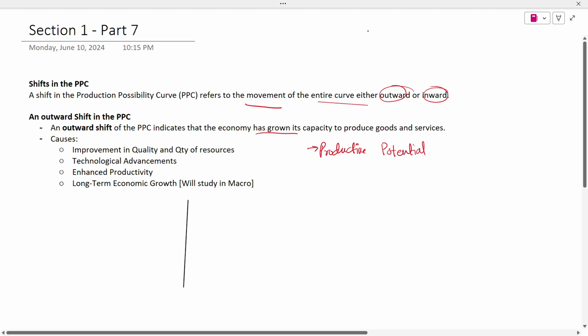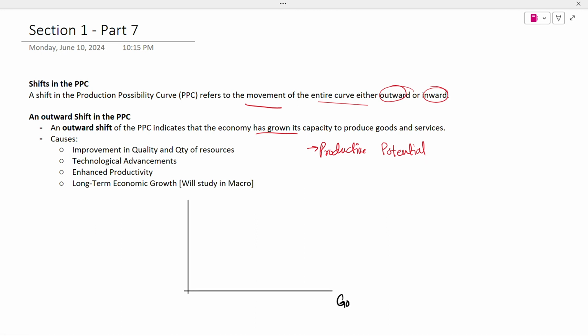For example, if we have a production possibility curve with good X and good Y, and let's suppose this is our basic production possibility curve, let's call this curve A. And let's say that we are producing certain quantities of good X and good Y. Let's call them X1 and Y1.